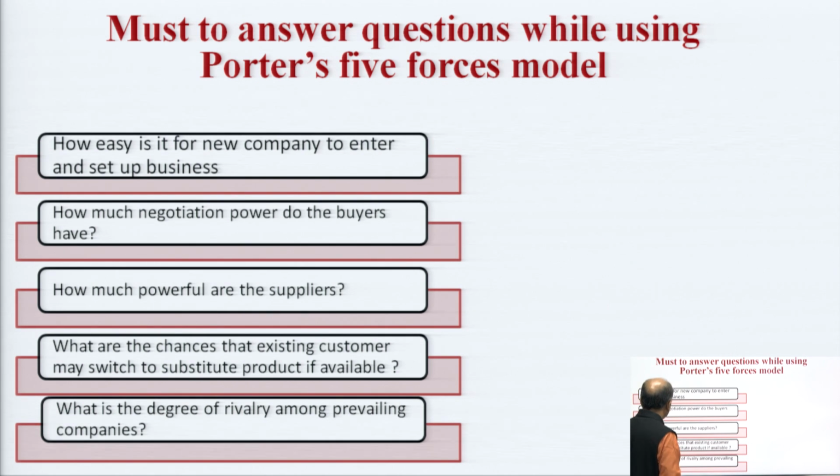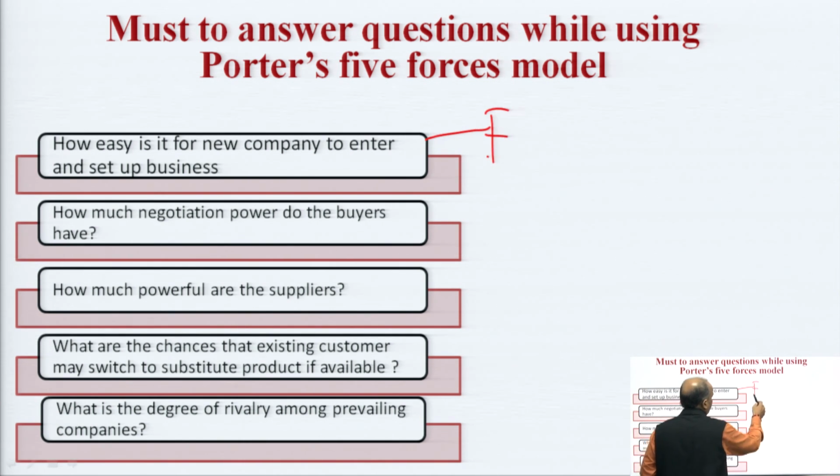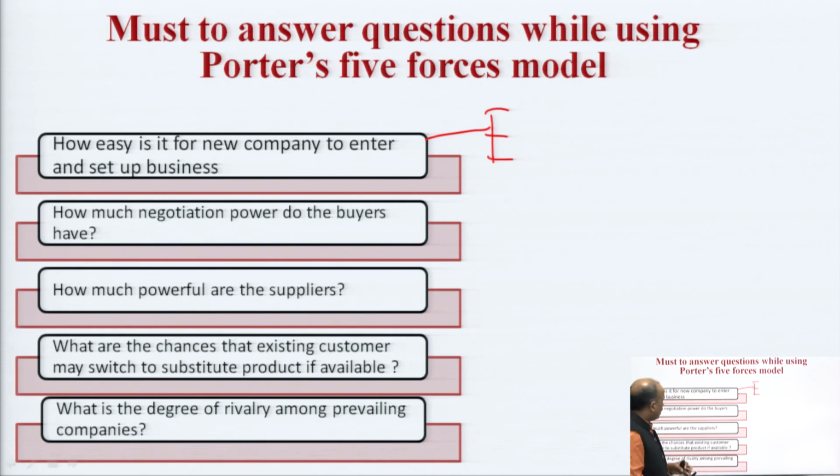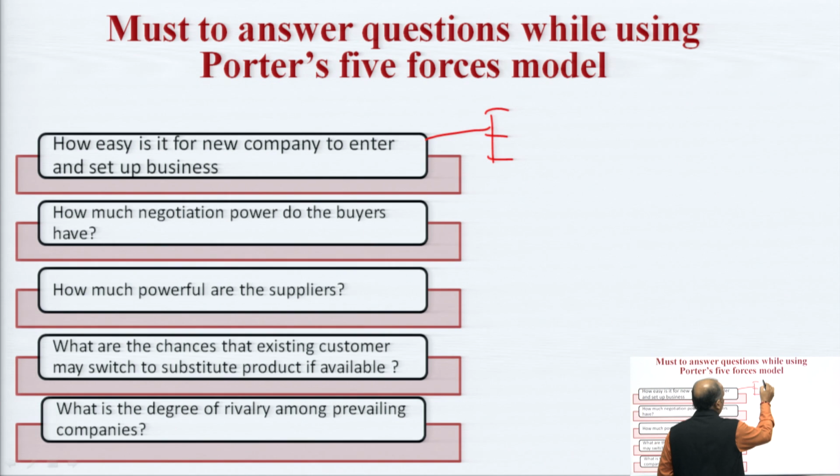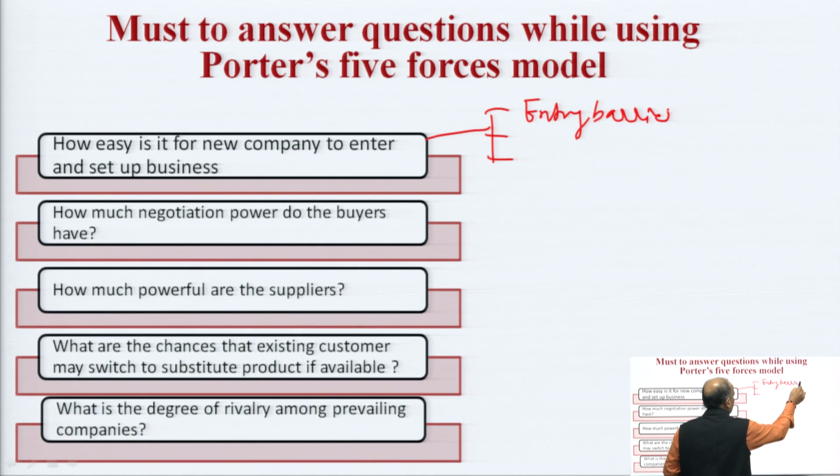These are the five questions that must be answered, and to answer them, the forces that we discussed should be evaluated, right? For example, how easy is it for a new company to enter and set up a business? So we should look at the entry barriers. And what determines the entry barrier?